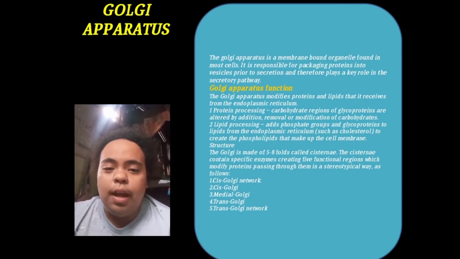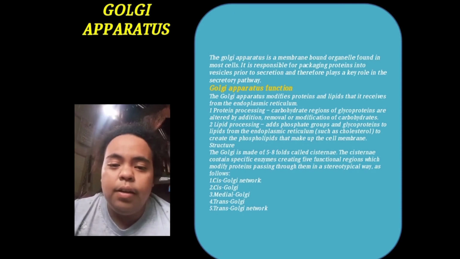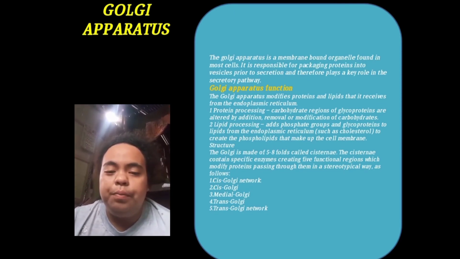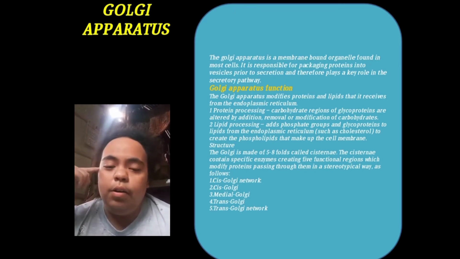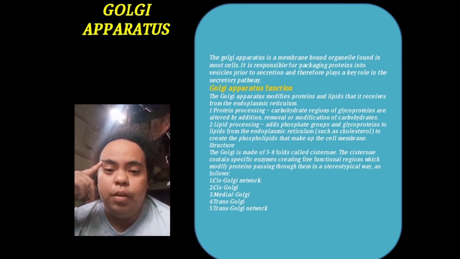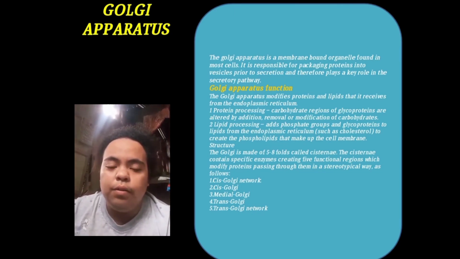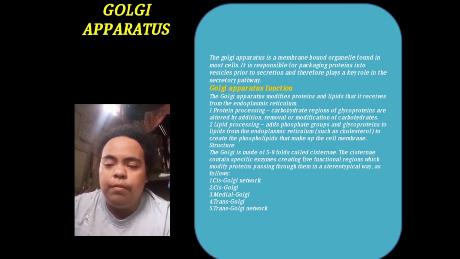So, tulad siya ng Shopee, supplier tsaka receiver. Nagdi-deliver ang Golgi apparatus ng protein to the protein in another cells. Tulad siya ng Shopee, guys. There are two main faces of the Golgi, the cis phase and the trans phase.